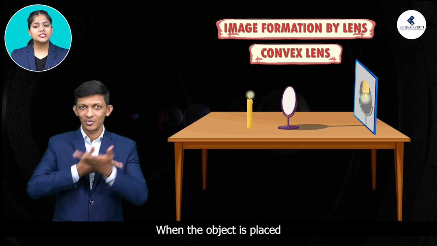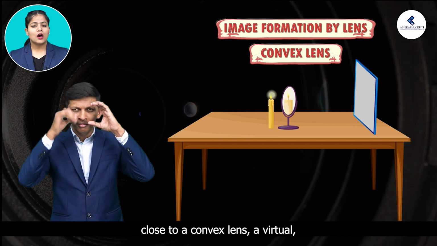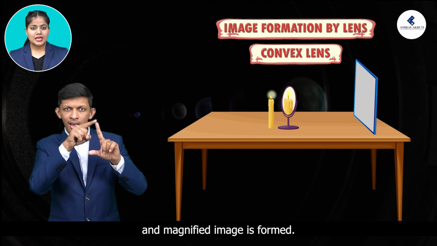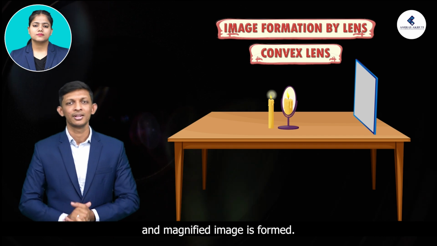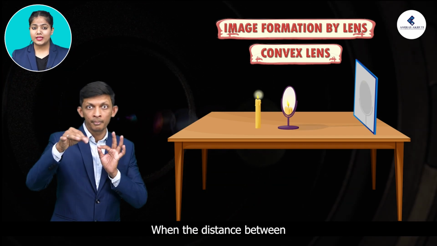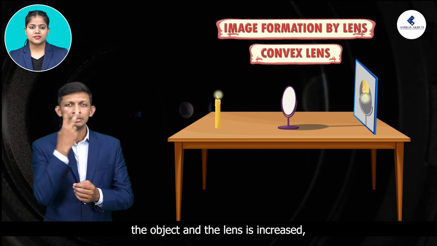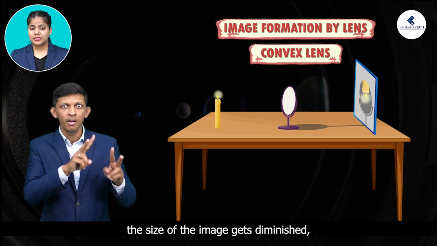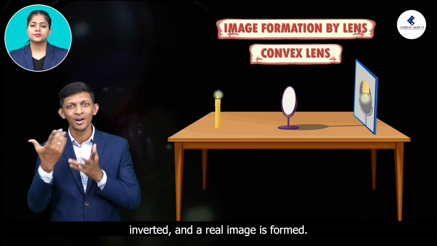When the object is placed close to a convex lens, a virtual, erect, and magnified image is formed. When the distance between the object and the lens is increased, the size of the image gets diminished, inverted, and a real image is formed.